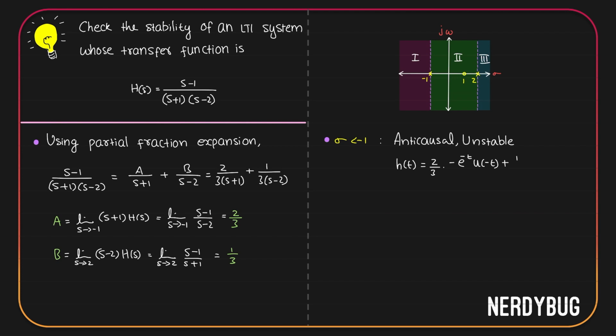Plus, for the second term, 1 by 3 multiplied by, we know inverse Laplace transform of 1 by (s plus 2) if it is left-sided is minus e raised to minus 2t u of minus t. But what we have over here is 1 by (s minus 2). So it will be minus e raised to plus 2t u of minus t. Let's write it down. We get 1 by 3 times minus e raised to 2t u of minus t. Combining the two terms, we can write it like this.